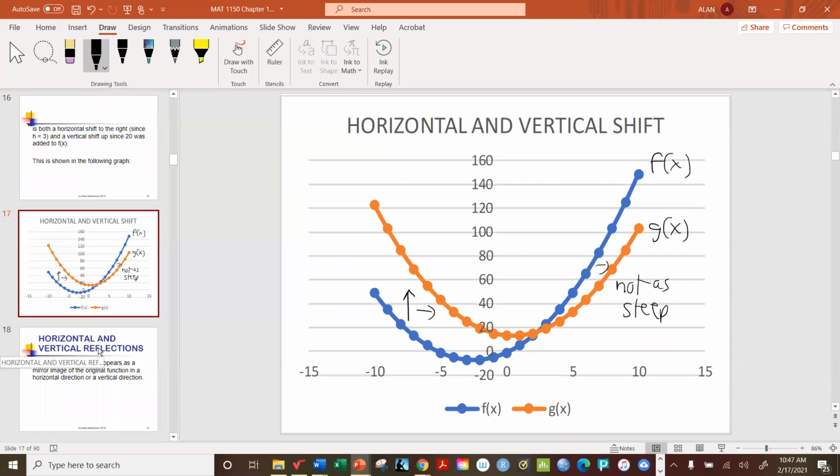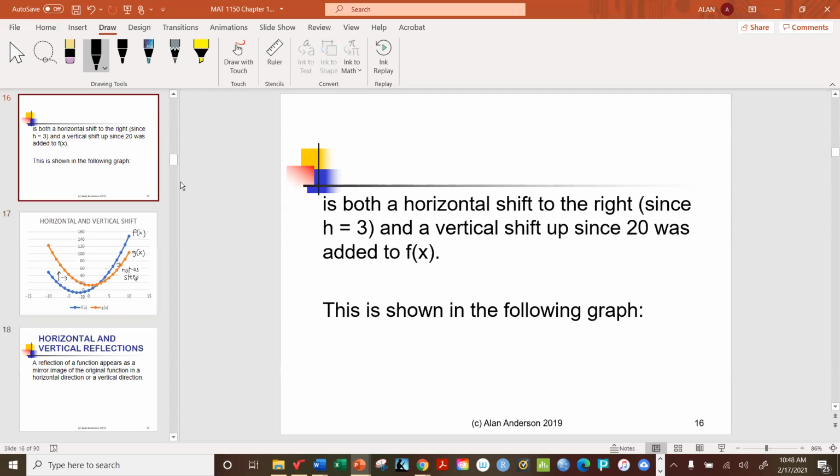That's what's responsible for the upward shift. All right, so does that make sense? So basically, having both a negative and positive constant makes it go up and towards the right. The constant means up and down. The subtraction, this part, is what determines left and right.